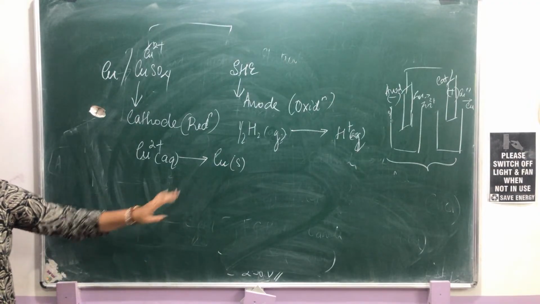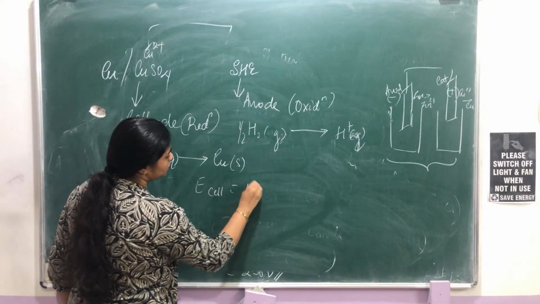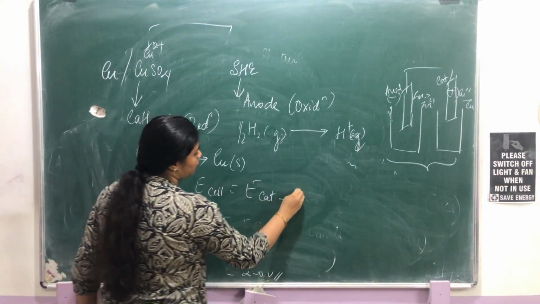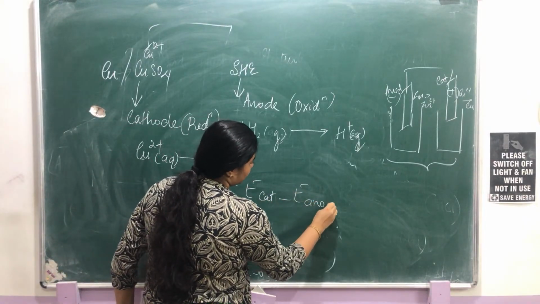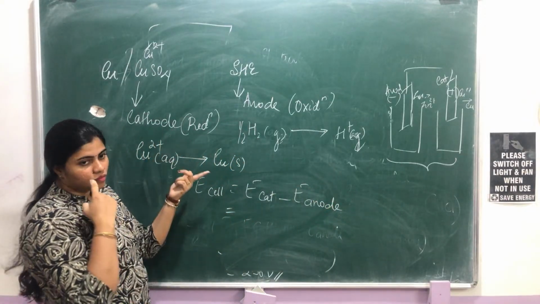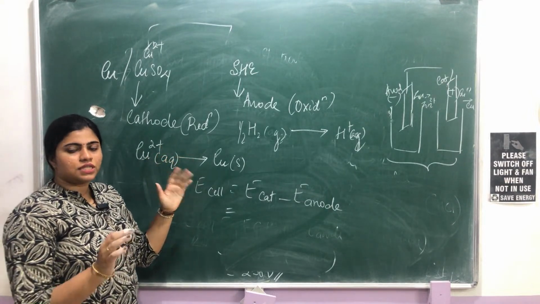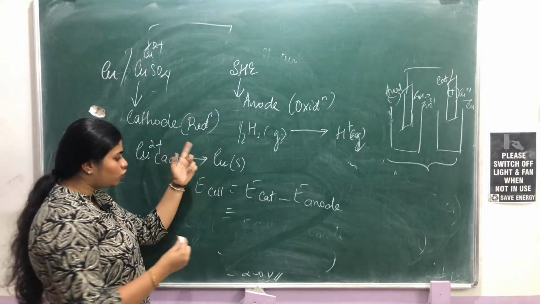Till here clear? Now we write E cell is equal to E cathode minus E anode. What is the cathode one now? Did I give you a value for E cathode? No. The scientist wanted to check what will happen if we don't know this value.